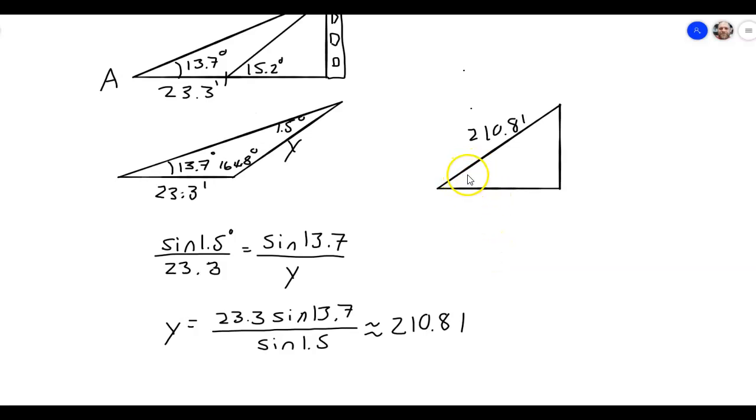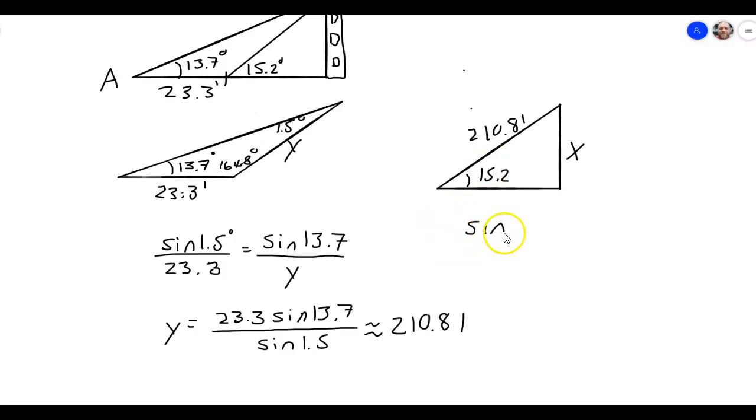I know that this angle here is 15.2, and I want to find out this height here. So now, for this angle, we want the opposite side, and we know the hypotenuse. So which of the trig functions uses opposite and hypotenuse? And that is sine.